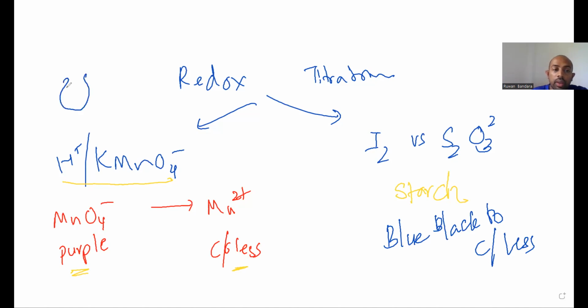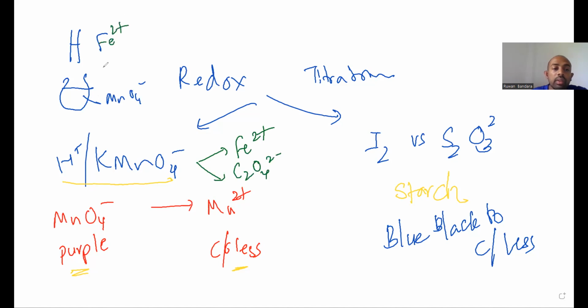Now, let's say here you have MnO4-, and the two components during this titration are Fe2+ and C2O4 2-. You are going to add MnO4- to the Fe2+, sorry, other way around, that's my bad.